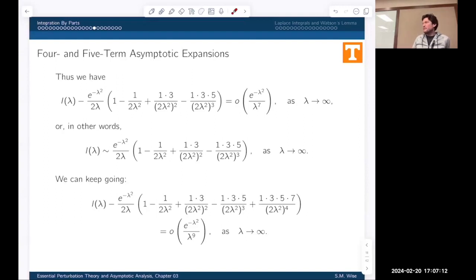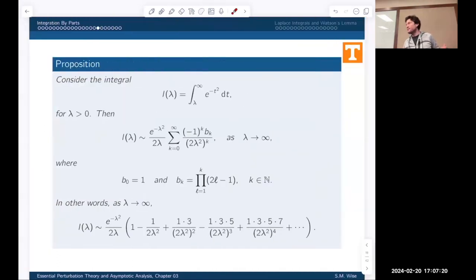So it's another calculation. You have to do one more step and calculate the remainder one more time. But we can just do this in general terms, right? Now, what does it mean for us to have a proposition here? It's again a proof by a calculation. What's missing is you have to do the induction step, or apply integration by parts in a sort of general way.